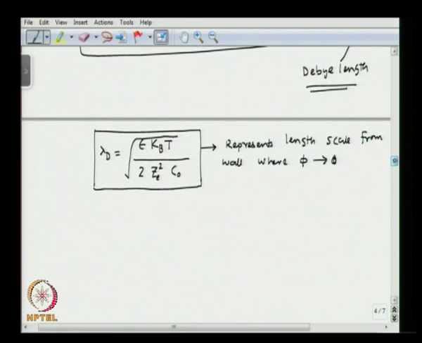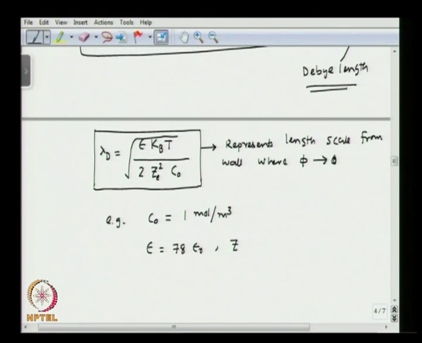If you take an order of magnitude, you can take an example. The ionic density is about 1 mole per meter cube, and let us say we consider water, so epsilon is 78 times epsilon 0, the permittivity.